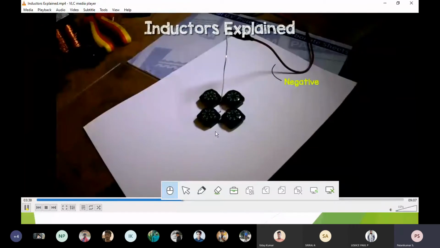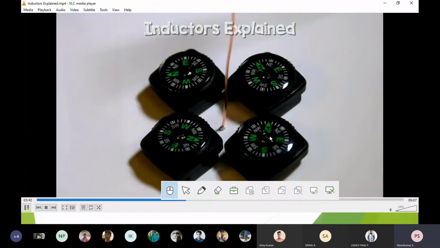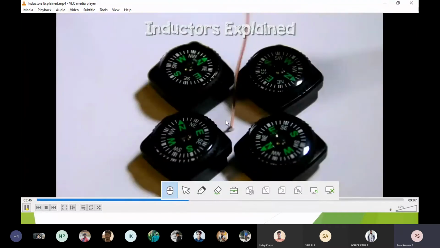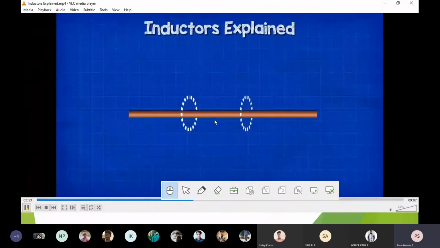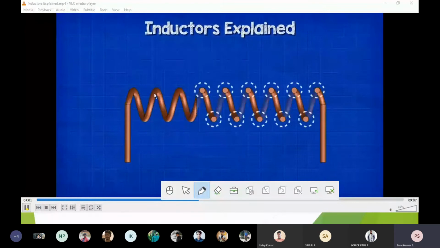If I keep a magnetic meter, whenever current goes in this direction, it can sense the direction of the flux and magnetic field. If the current flows in the reverse direction, there will automatically be a magnetic field in the opposite direction.